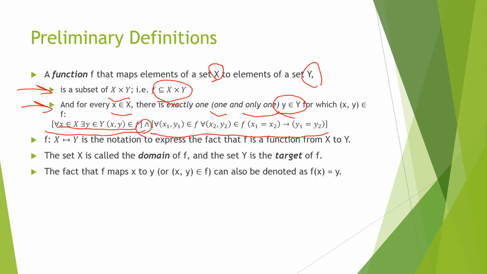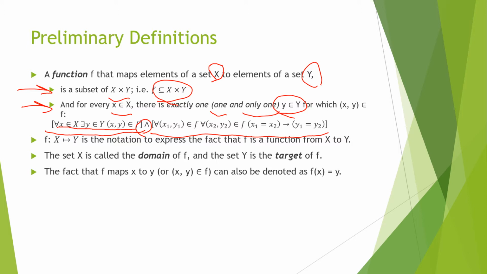Now, let's look at the "only one" part. This is the "one" part. This is the "only one" part of this condition. What does the "only one" part say? It says for every ordered pair (x1, y1) and for any other ordered pair like (x2, y2), if the first entries of these two ordered pairs are equal, then the second entries of the ordered pairs must be equal.